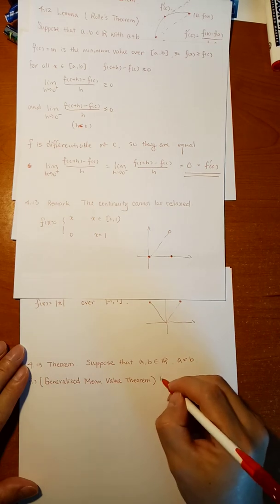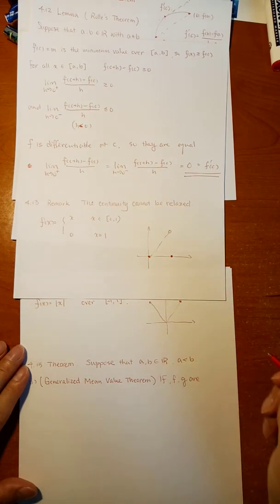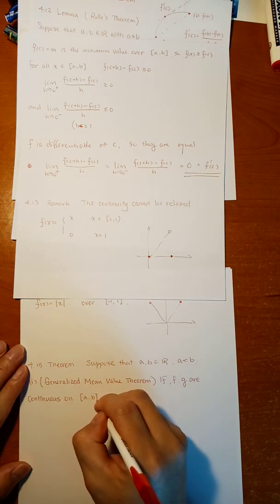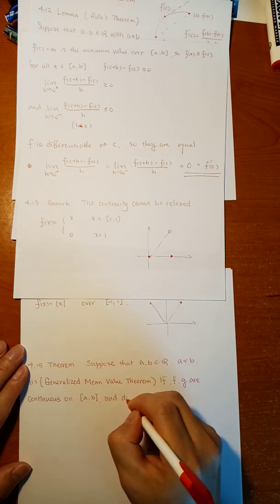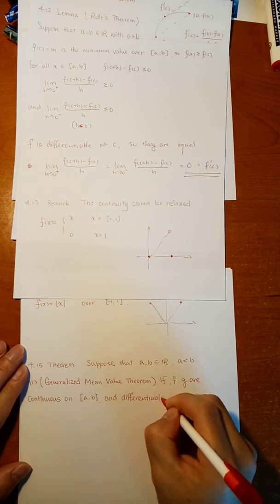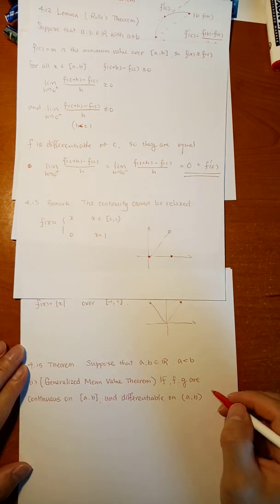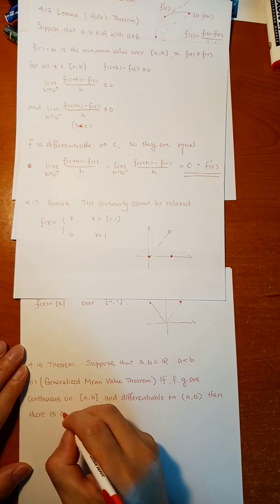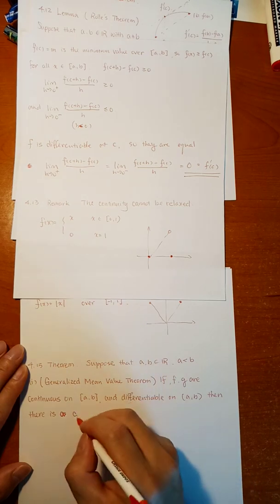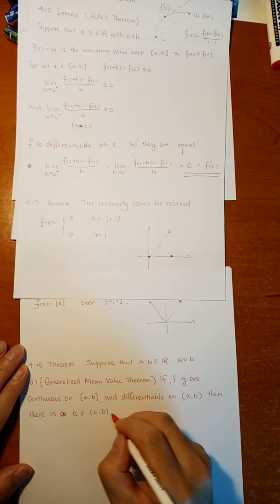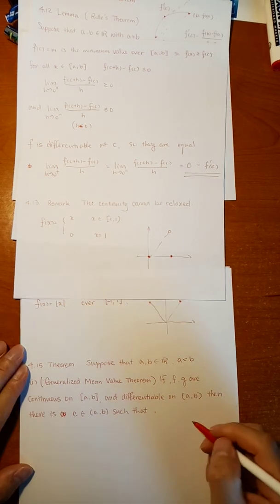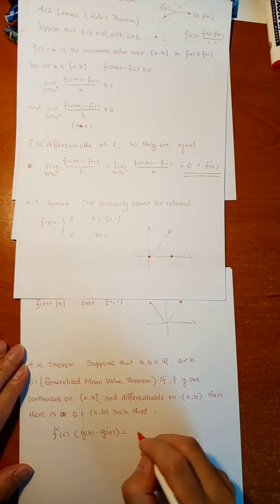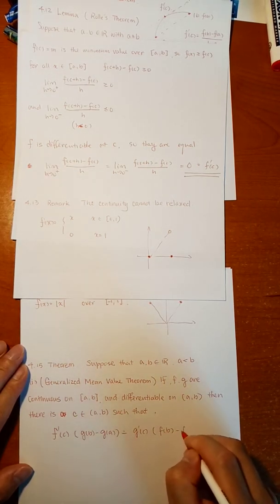Okay, so if f and g are continuous on the closed interval [a, b] and differentiable on the open interval (a, b), then there is a number c in (a, b) such that f prime of c times (g(b) minus g(a)) is equal to g prime of c times (f(b) minus f(a)).